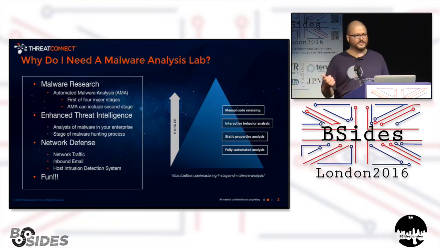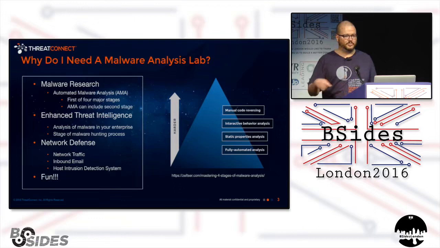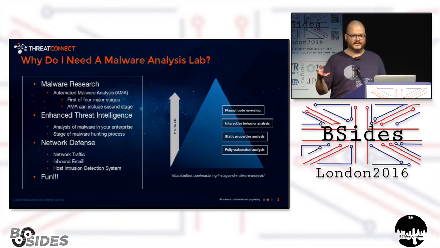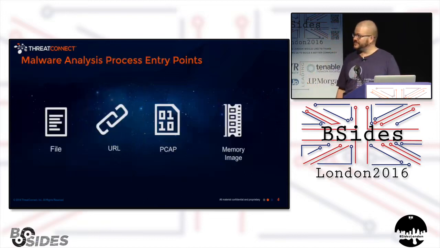From network traffic, you also have email attachments, and then some host-based intrusion detection systems will pick a file that has been identified as either suspicious or hasn't been seen before, and then they'll send that into a central SIEM or somewhere else, and from there, that file would need to be analyzed, and an AMA is the way you would analyze it. And then finally, this is the main reason I like it, it's a lot of fun. Malware analysis is really awesome.